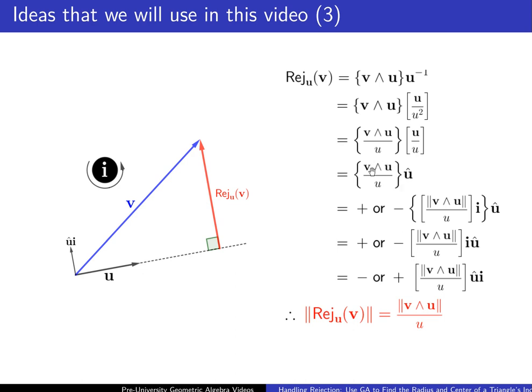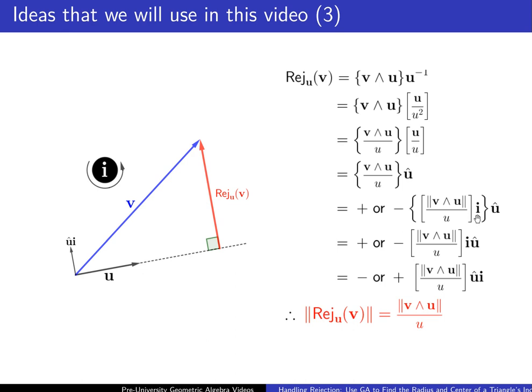And if we look at this, the outer product of v and u is some scalar multiple of the unit bivector I for the plane that contains v and u. So we can always write this v wedge u as some scalar multiple of that unit bivector I.